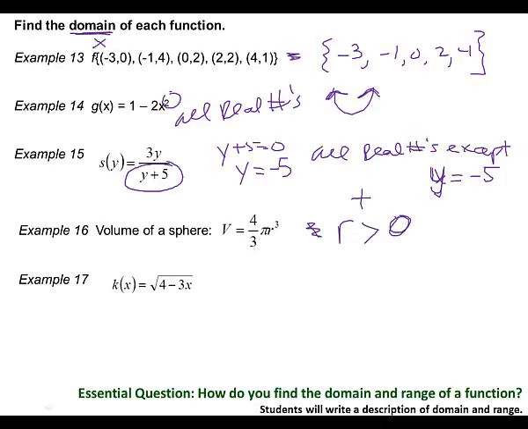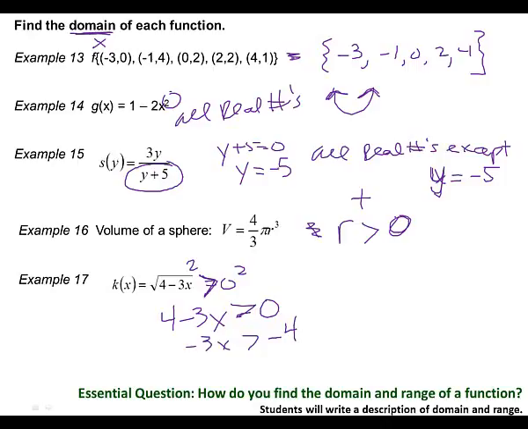Okay, radicals are weird. With radicals, I would always set the inside equal to 0 and solve it, and that will tell you what your domain is. Actually, we want it to be bigger than 0, so I would use that symbol on it. So how do I undo the square root? Square it. So we get 4 minus 3x is greater than 0. What am I going to do with the 4? Subtract it to the other side.